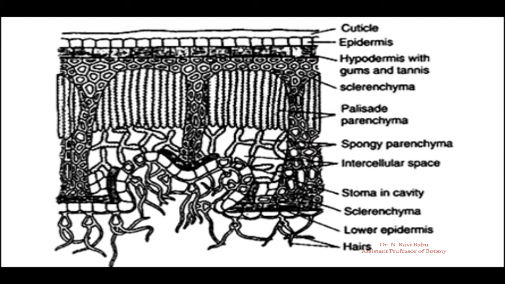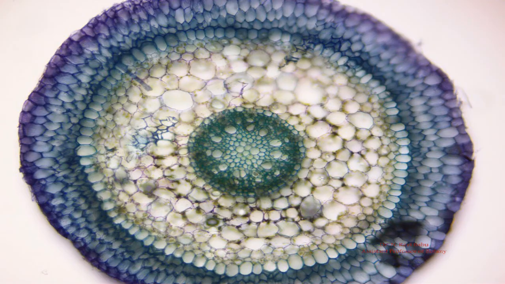And of course, friends, here I am giving a beautiful diagrammatic representation of a transverse section of an aerial root of orchid. In this diagram, you can clearly observe the velamen tissue.